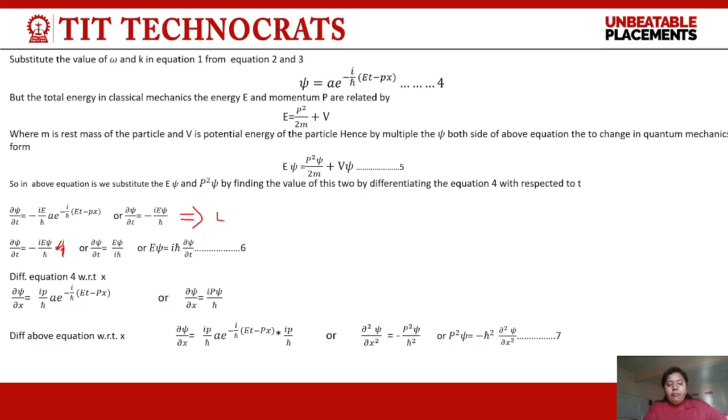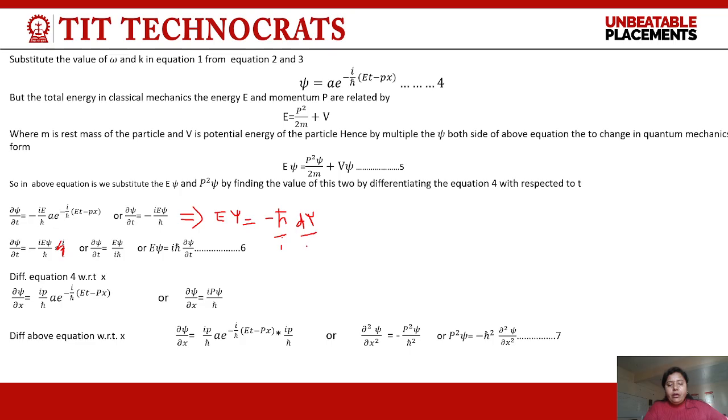I will get E psi is equal to minus h cut upon iota, multiplied by del psi by del t.